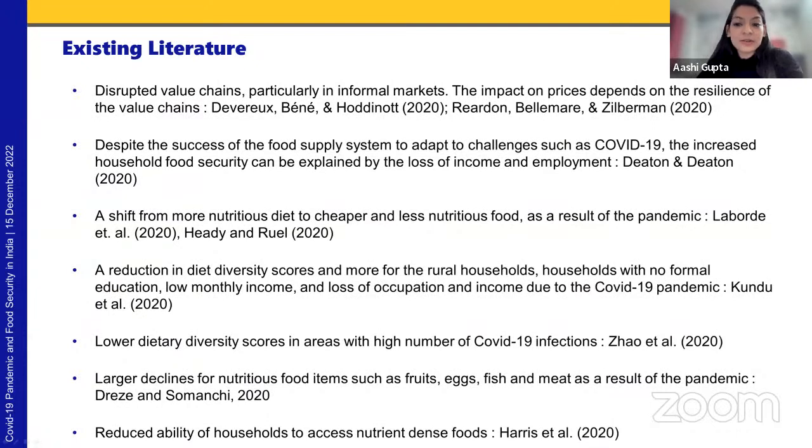It was also found that there were significantly larger declines for more nutritious food items such as fruits, eggs, fish, and meat as a result of the pandemic.